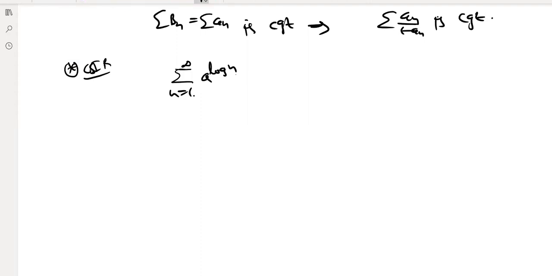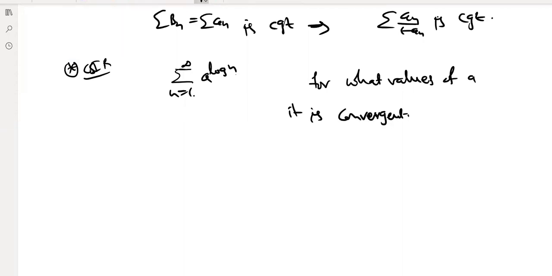So for what values of a is the series convergent? This a power log n can be rewritten as n power log a.